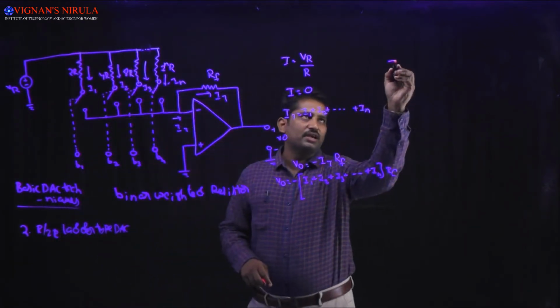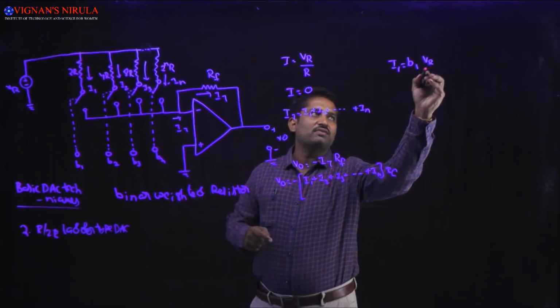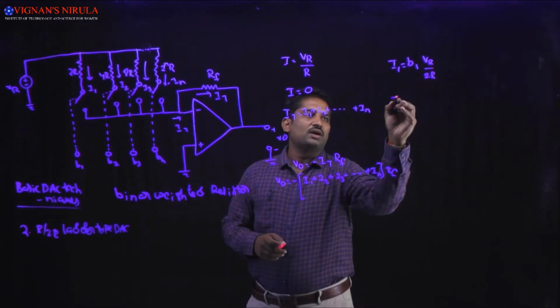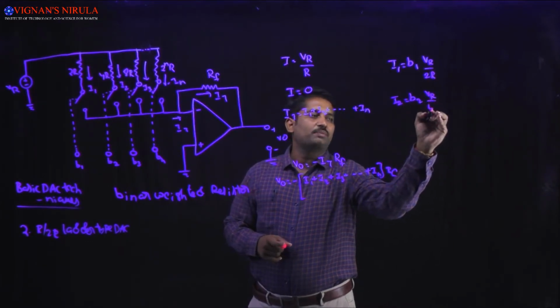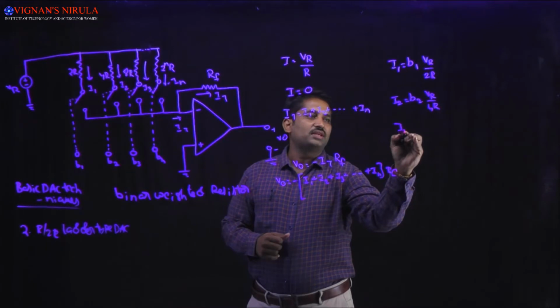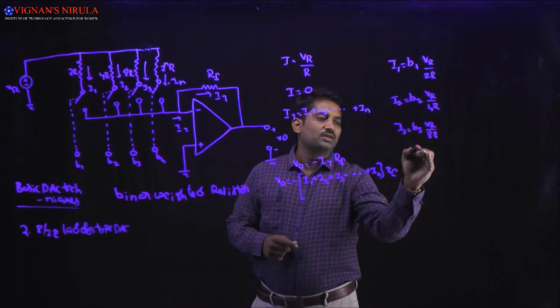Here I1 is equal to B1 into VR divided by 2R, I2 is equal to B2 into VR divided by 4R, I3 is equal to B3 into VR divided by 8R, and so on.